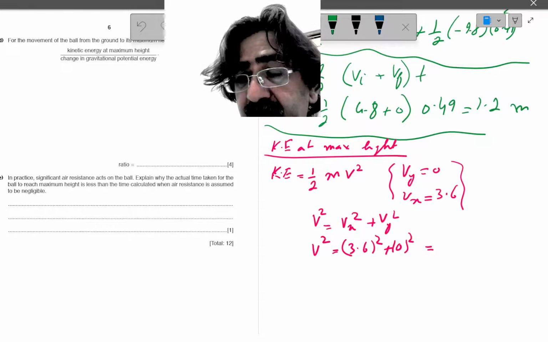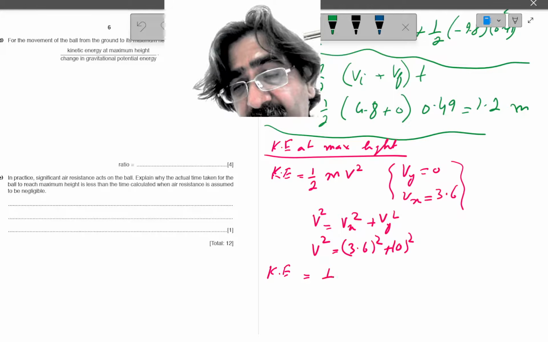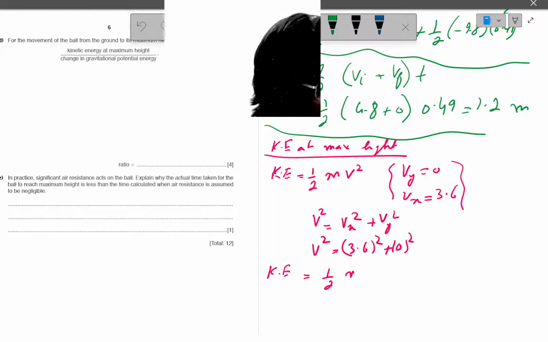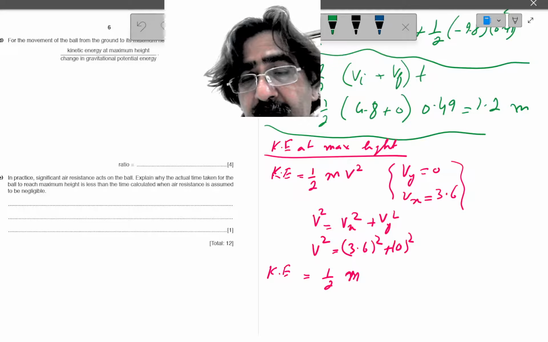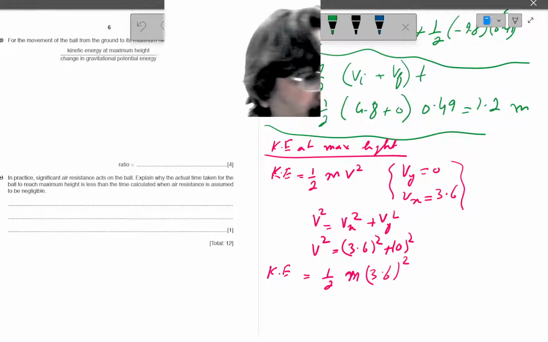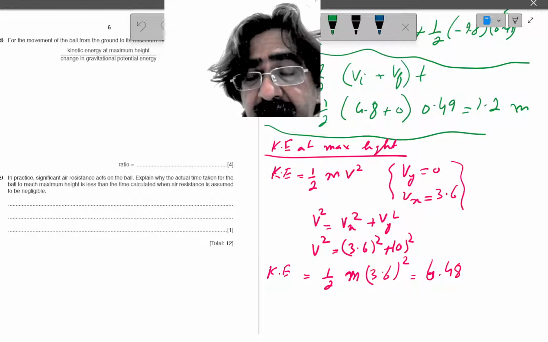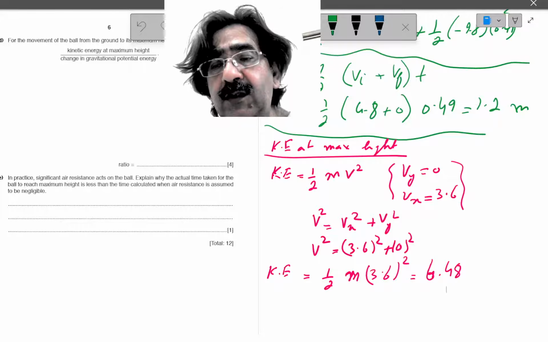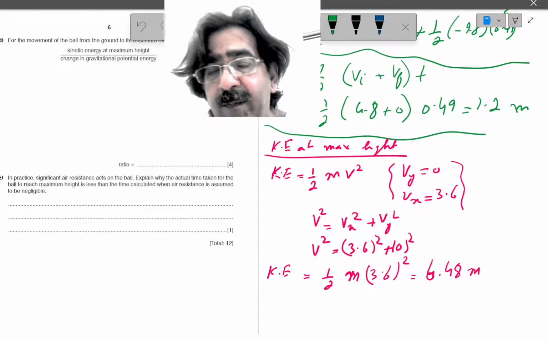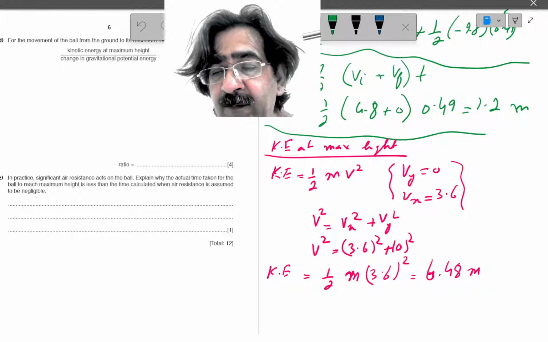So from this formula we may find the kinetic energy, that will be equal to 1/2 m times 3.6 square, that will be equal to 6.48 m, multiplied by the mass, because the mass is not given, so we will multiply it with the mass value.